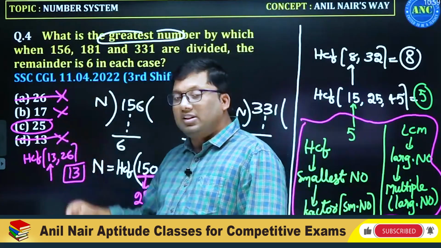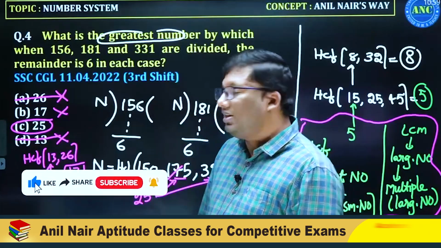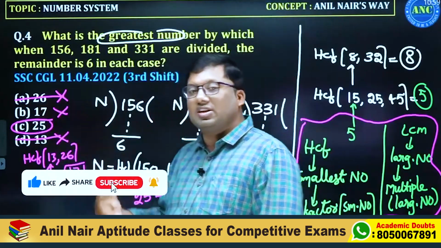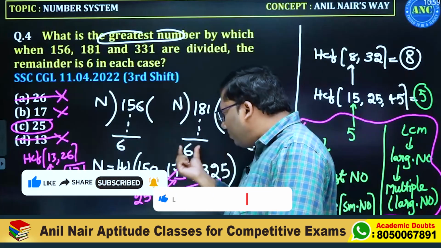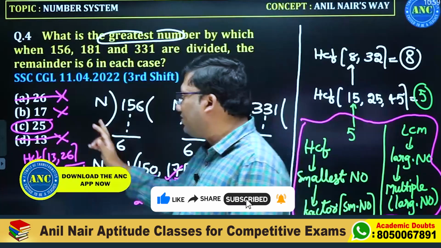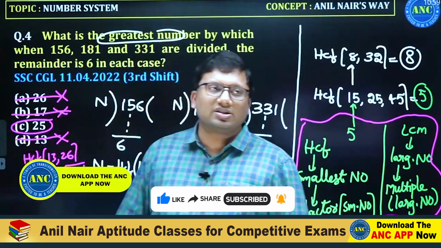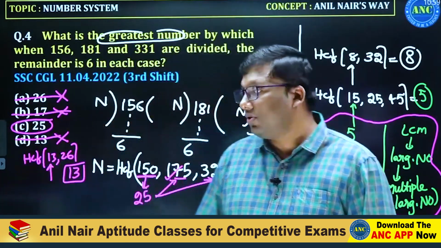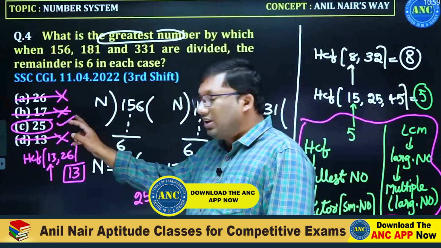Can 17 be the answer? 17 cannot be the answer. If 17 is the answer, every input number should be divisible by 17. 150 is not divisible by 17. So the answer for this question is 25.